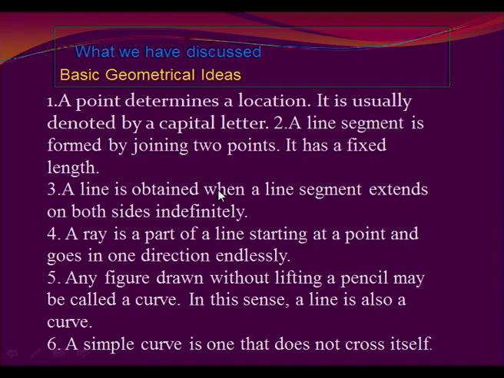So, children, what we have discussed today are points and line segments, line, ray, angle, types of angles, open figures and closed figures, and we discussed some properties of a triangle, types of triangles, quadrilateral and its parts, circle and its parts and its properties.